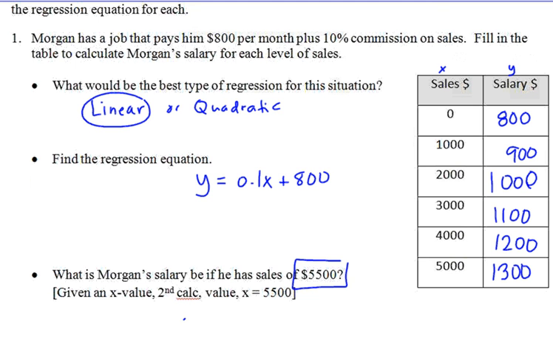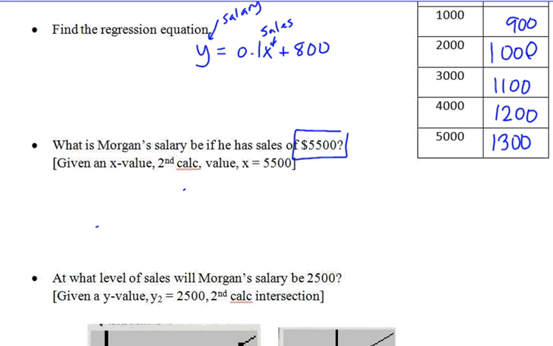So x would be your sales, and y would be your salary. Something new today. So this question says, what is Morgan's salary if he has sales of 5,500?